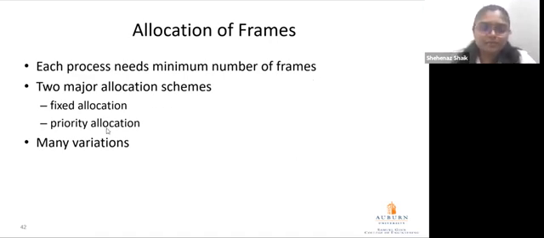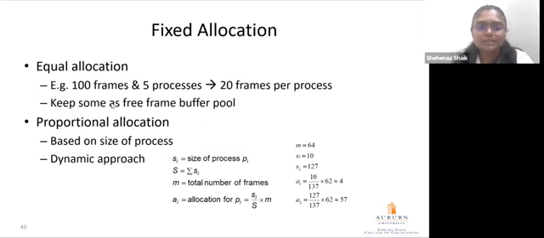So as part of that, we have two different allocation schemes here. One of them is fixed allocation, and the other one is priority allocation. And of course, there are a couple other approaches as well. A simple approach would be what we call the fixed allocation. Let's say we have some n number of active processes in the system, and we have some m number of frames.